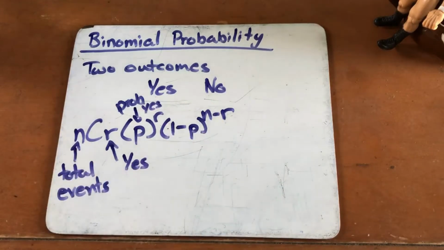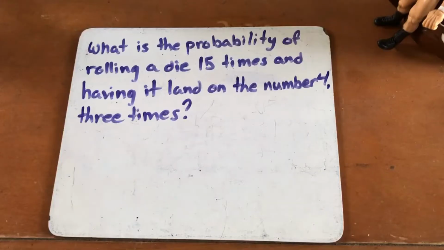All right, let's look at a couple of examples. A common example for binomial probability is rolling a die. And we'll look at another common one, which is flipping a quarter. For this one, what is the probability of rolling a die 15 times and having it land on the number 4 3 times?